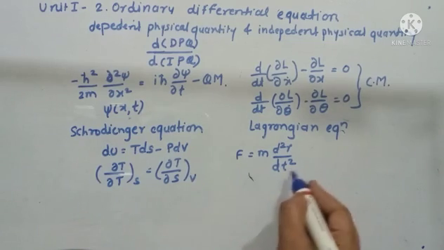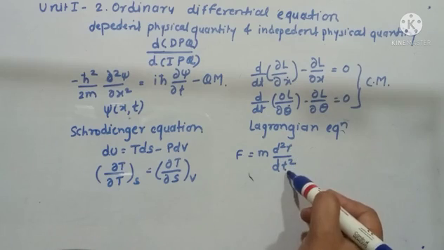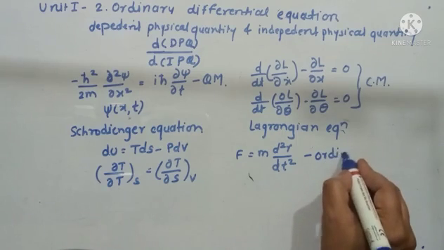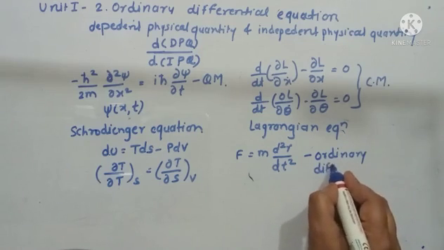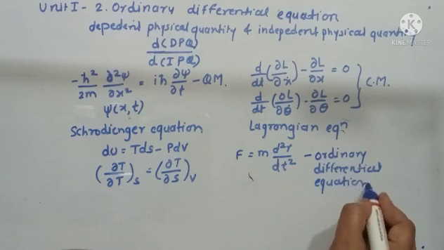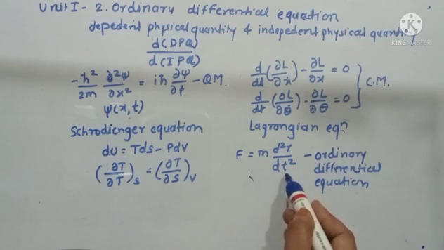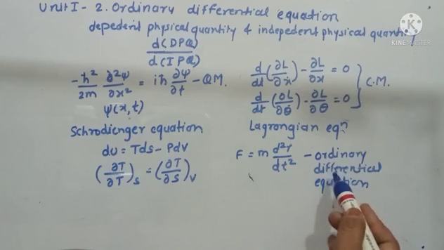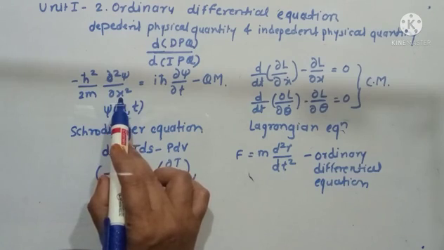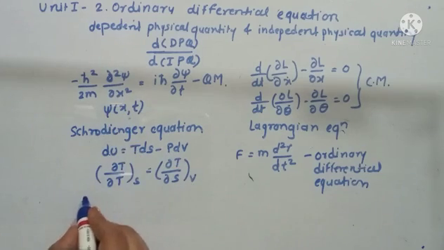The equations in which there is only one independent variable are called ordinary differential equations.